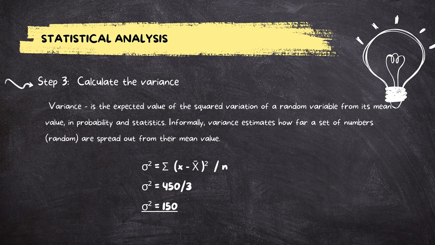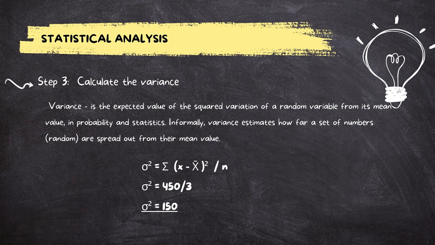It could be random as well. We have sigma squared equals capital sigma, open parenthesis, x minus x bar, close parenthesis squared, over n. So that would be 450 divided by 3. So the total would be 150.